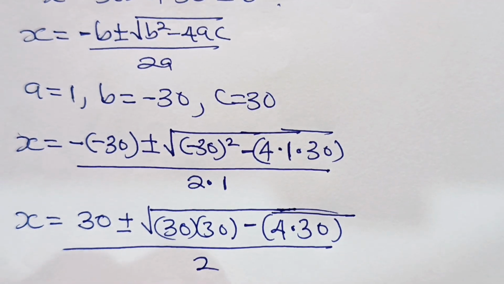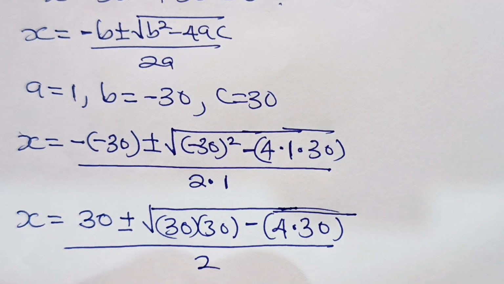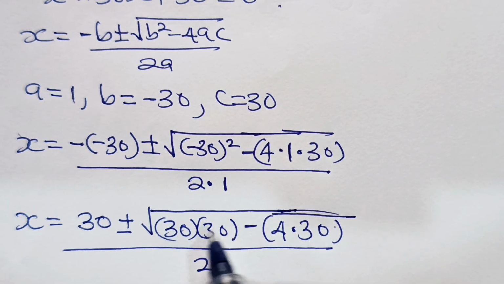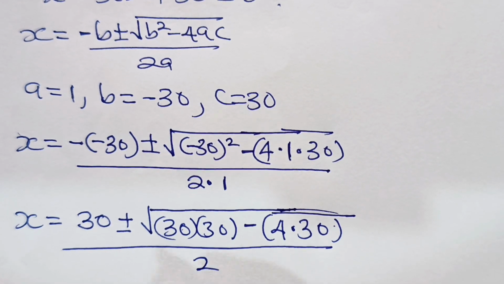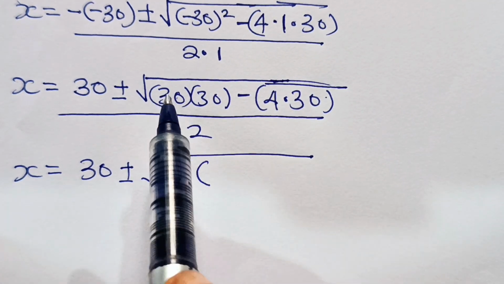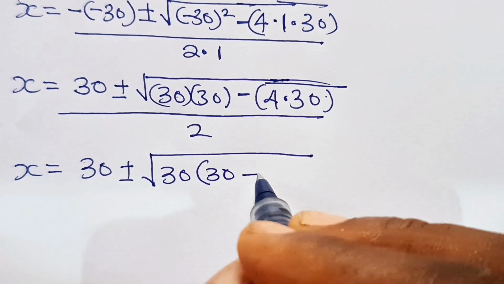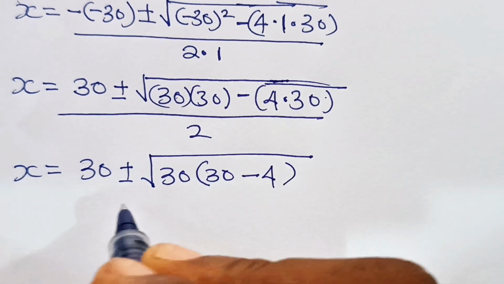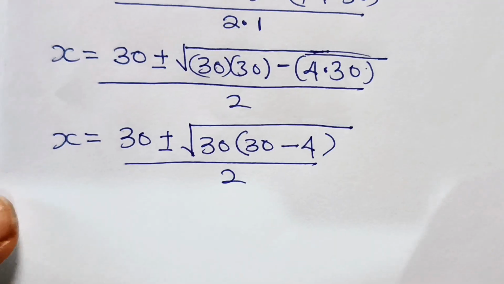Now let us factorize. So we have 30 plus or minus the square root of, let's factorize 30 out. If we bring out 30, then we have 30 times 30 divided by 30, 30 will remain, minus 4 times 30 divided by 30, 4 will remain, divided by 2.